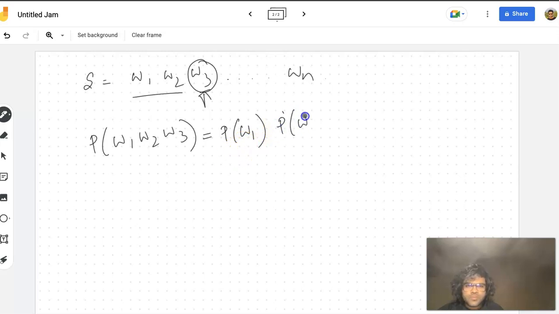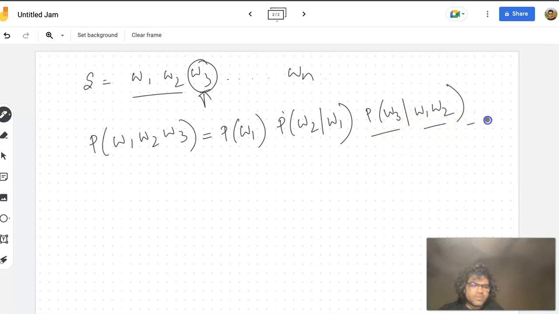Then for W3 onward, everything will be from the trigram model, but before W3 there are only one or two words, so we are just taking the single probability. This is a unigram term, and this is the bigram term. You can do it this way.